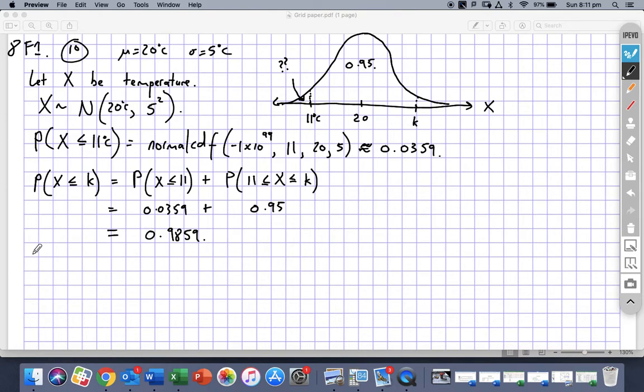So therefore, k equals inverse norm function. We'll need the area. We'll need the mean and the standard deviation. So let's have a look at that in the calculator.